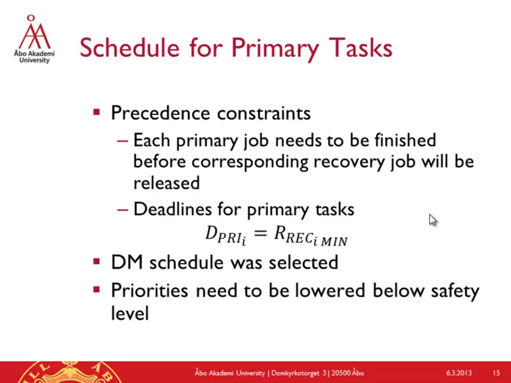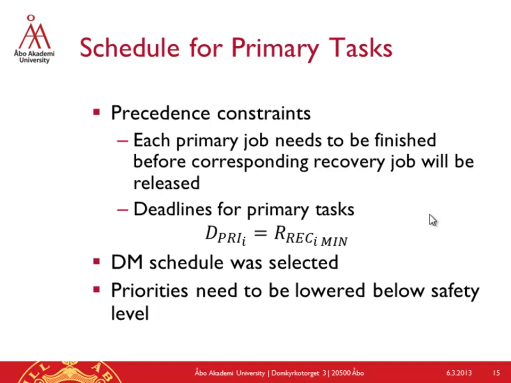And the previous two or three slides provide us information about the schedule for recovery, which are alternative tasks and acceptance tests. But what about the primary tasks? For primary tasks, we have another problem because they have to be scheduled before the corresponding recovery tasks.